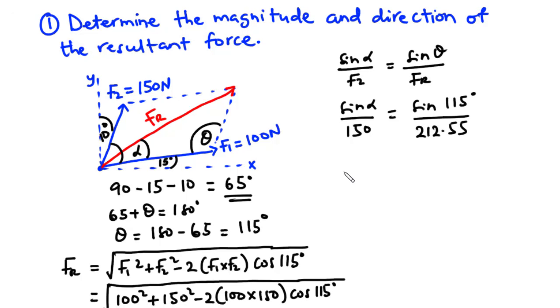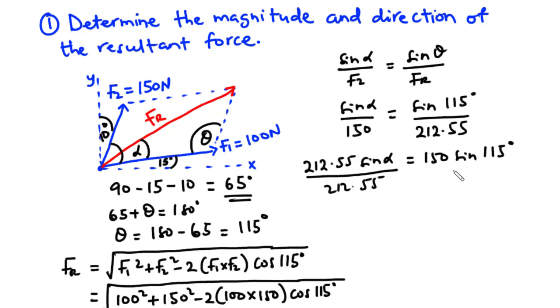So we write 212.55. So now we can cross multiply. So we have 212.55 sine alpha equals 150 sine 115 degrees. Now we can divide through by 212.55. So we have sine alpha equals, now 150 sine 115 divided by 212.55 is equal to 0.6396.